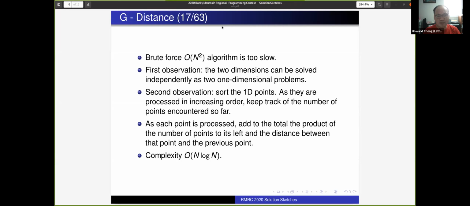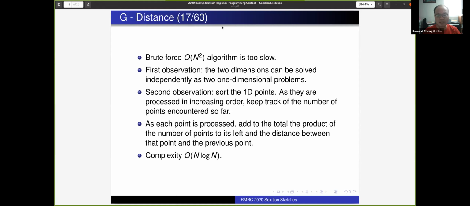It turns out that if you just sort the points and scan them from left to right, then if you're at a certain place and there are, let's say, 10 points to your left, every time you move one step to the right, you're adding to the total distance by another 10.